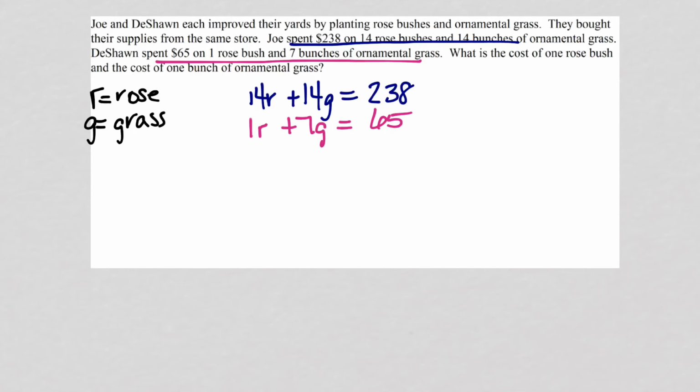I have to look to see which one I can get to be the same. The R's: I could multiply the bottom equation by 14, but I also noticed that right here I have a 7 and I have a 14, so I could also multiply the bottom equation by 2, which I think is what I'll do to keep my numbers smaller. And again, we want it to be a negative so that we can simply add. So my top equation gets brought down.